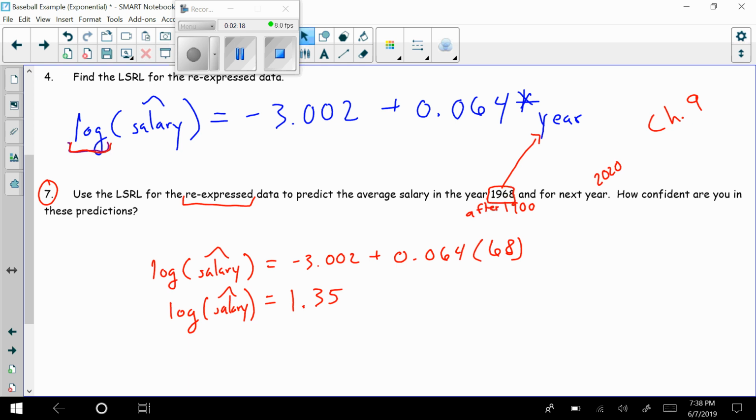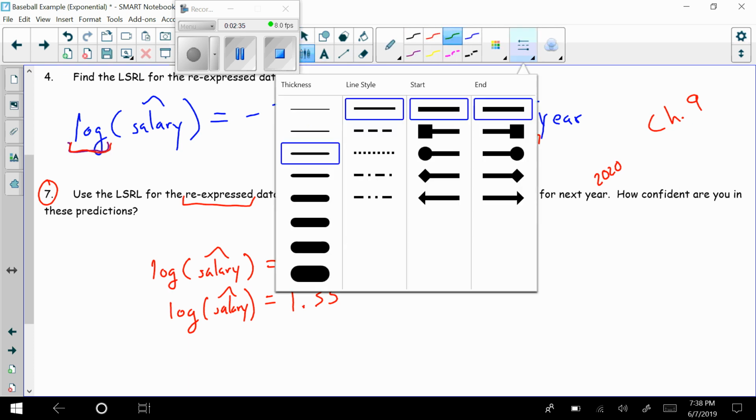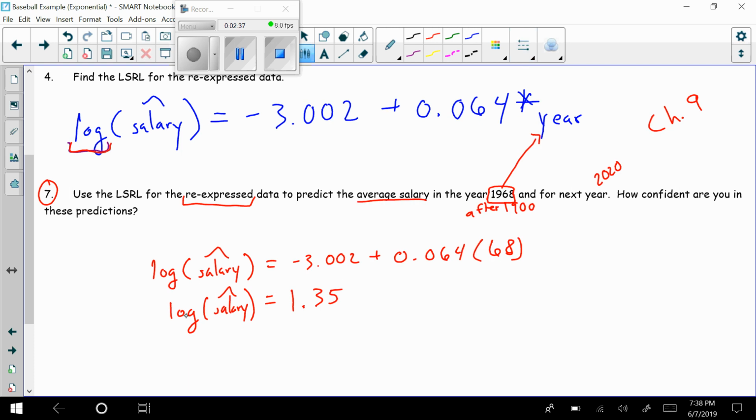That's the prediction. Now be careful here. We're not done. I want to know the average salary for that year. Right now all I have is the log of that salary, so I have to undo the log here. This is a classic algebra 2 problem where you should remember that because I didn't write any base here, this is base 10.